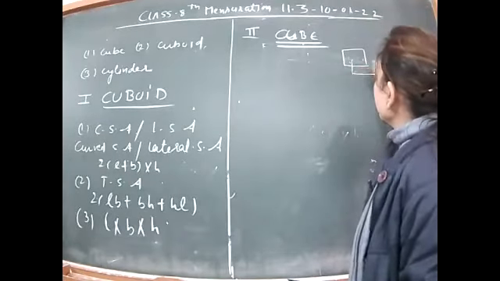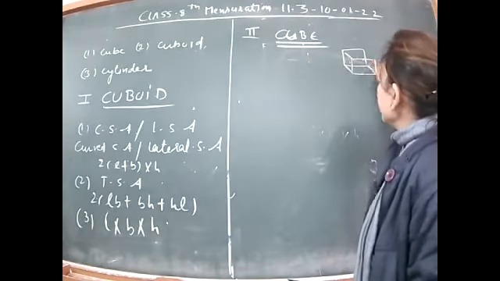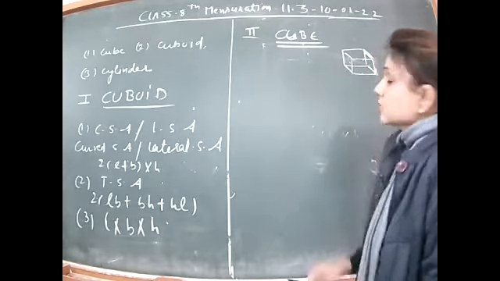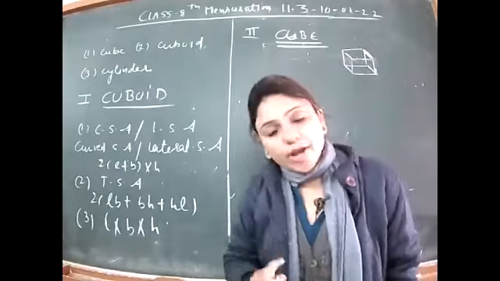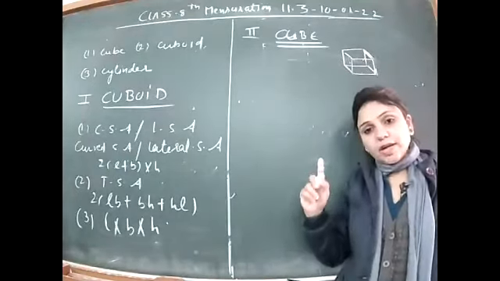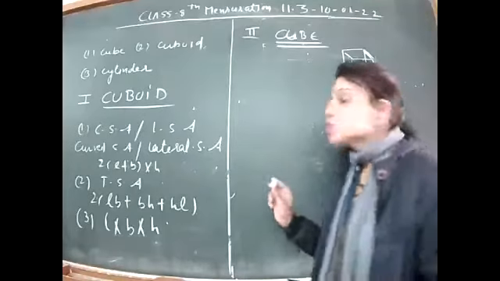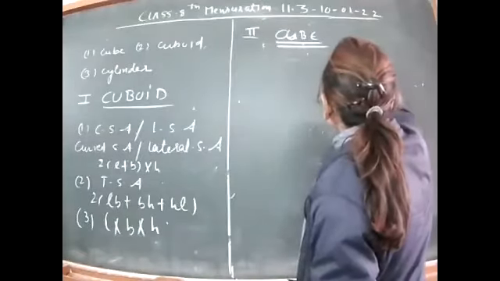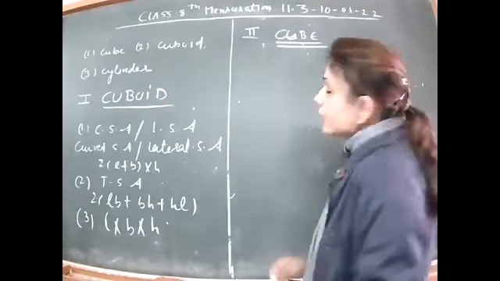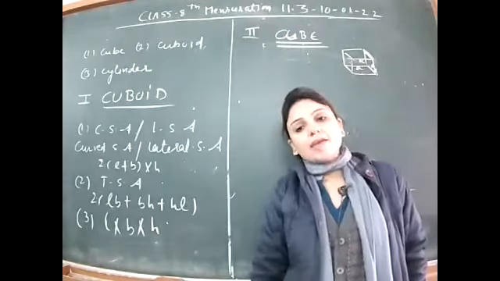When all the faces are square, it means all the sides will be equal. So we are taking all the sides to be A each. Either I am talking about length or breadth or height, everything will be A each.